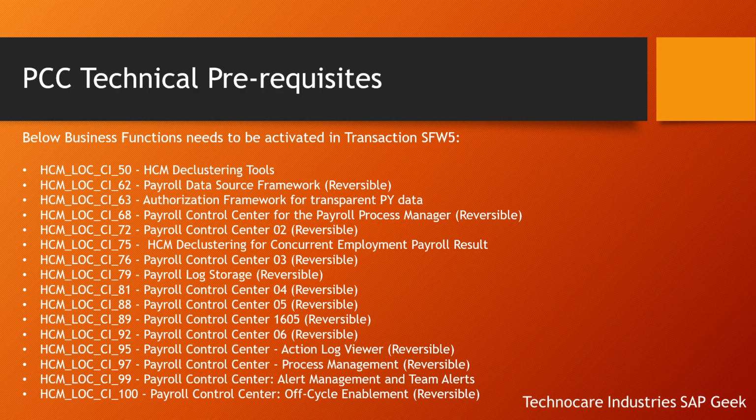A very simple way to identify them is to look for the keyword payroll control center in SFW5, so that you get all the business functions released for PCC by SAP. It is recommended that you implement each and every business function in SFW5 which has the keyword payroll control center, and then go ahead with the configuration.